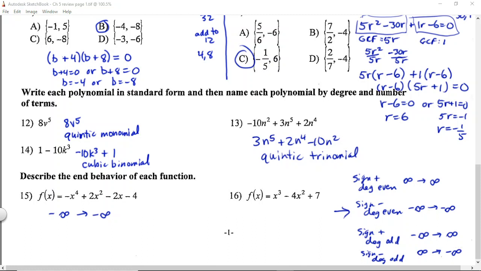That is that term that has the largest exponent. What is its sign? Okay, and that's what's important. So we're looking at that term that has the largest exponent.